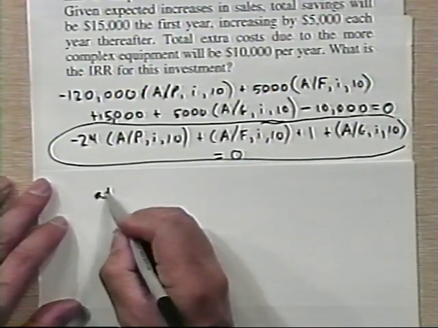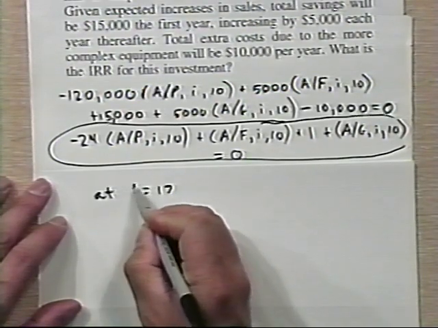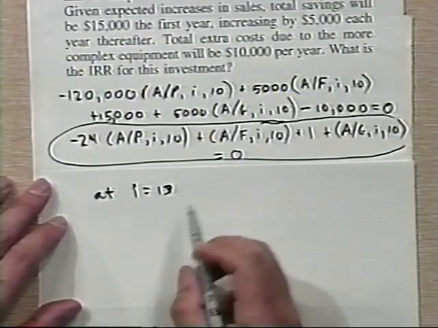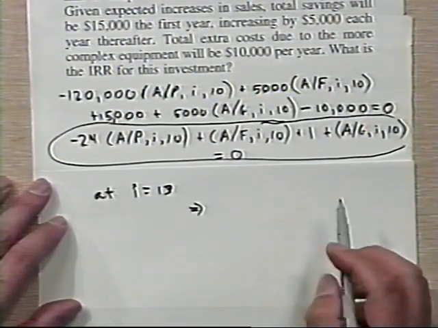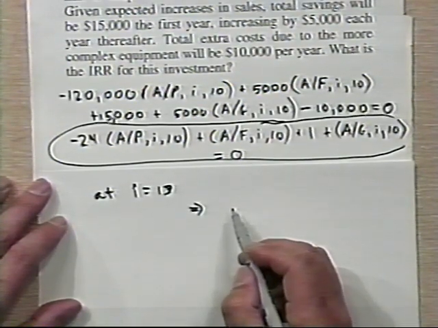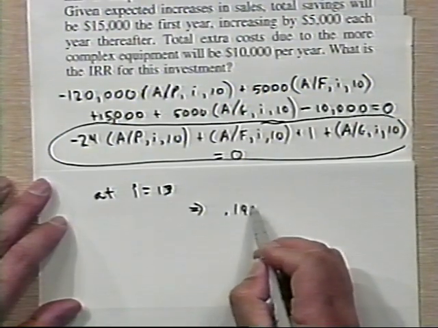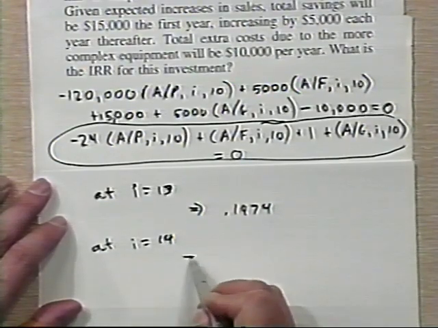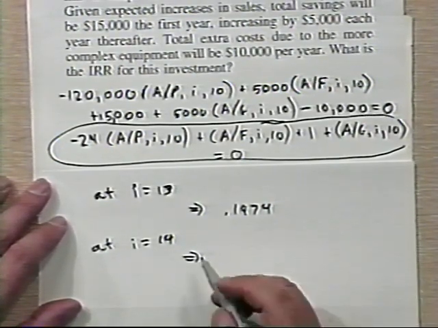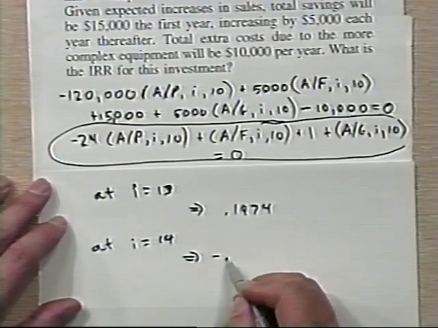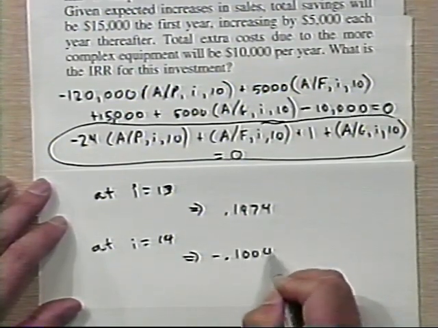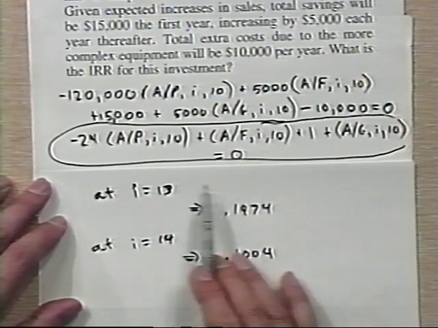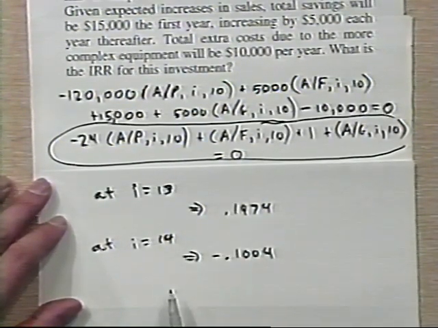For example, at i equals 13, this whole equation turns out to give a value of 0.1474. And at i equals 14, this whole equation gives a value of minus 0.1004. So this one's just slightly above 0. This one's just slightly below 0. We've bracketed our target. We can linearly interpolate.